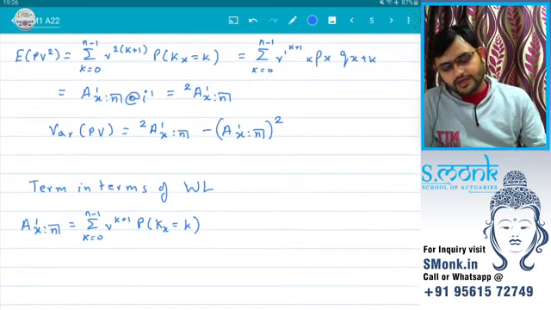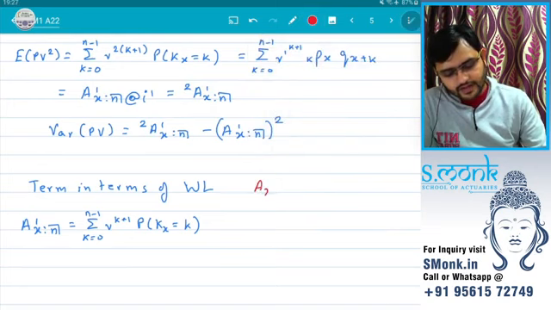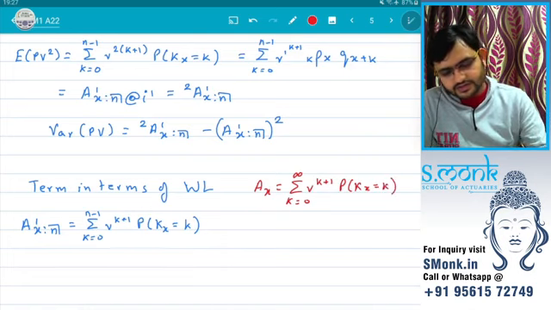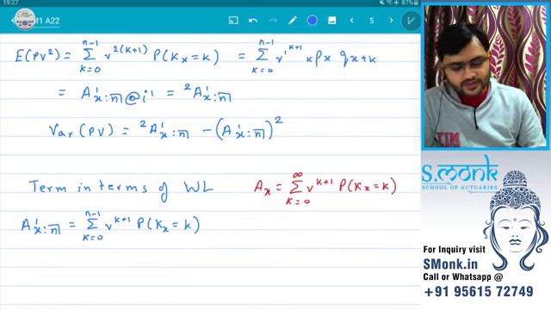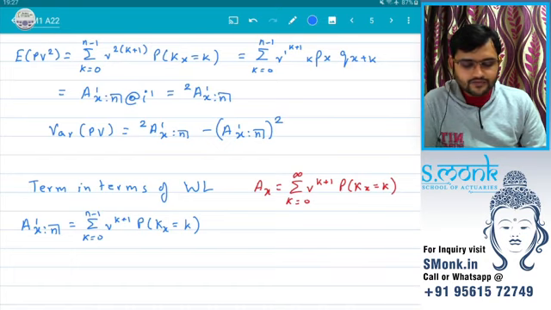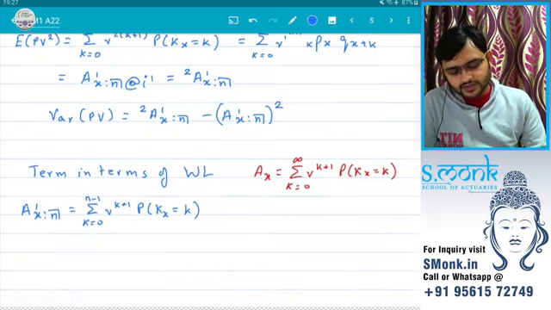For whole life, our A x is summation k going from 0 to infinity, v raised to k plus 1 into probability K_x is equal to k. For whole life, this is what our formula is. The only difference is that in whole life we are going from 0 to infinity, and in term we are going from 0 to n minus 1.